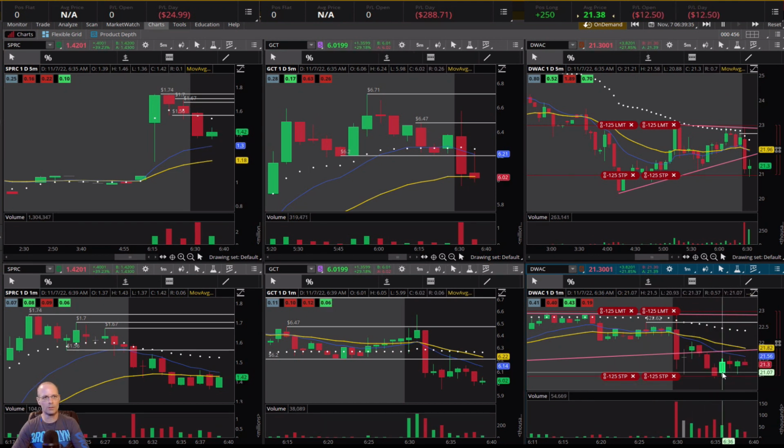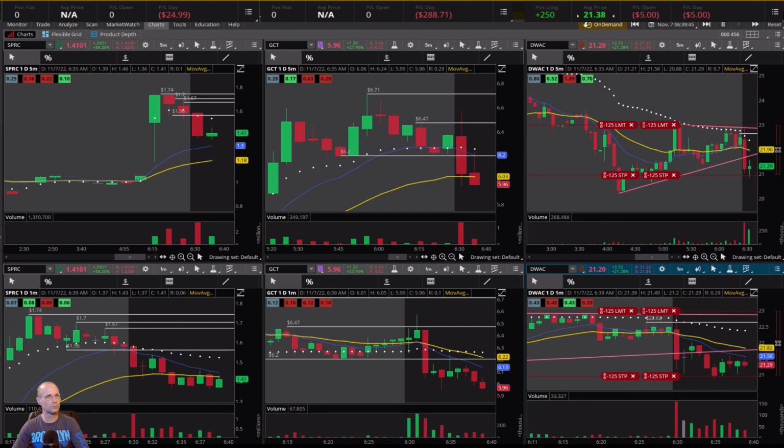But what I'm looking for is this little equilibrium to break bullish and make a move back up towards the pink line. It's always risky trading below the VWAP. Going long below the VWAP is not my preferred method of trading.